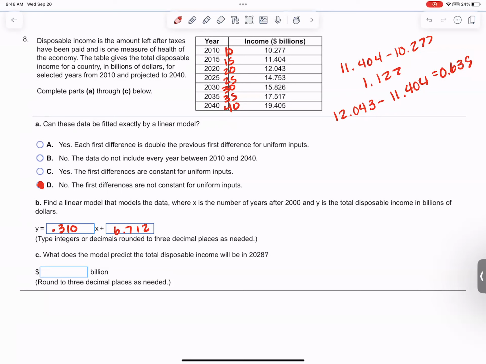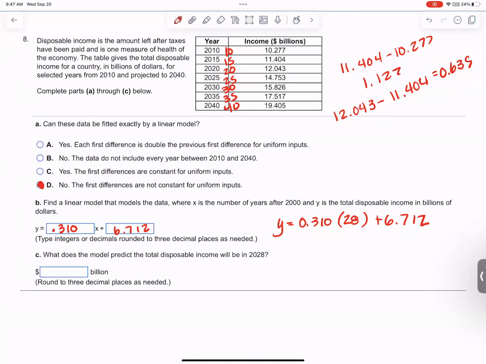I can certainly take this equation and plug in 28. That would be quite easy to do. Or I can let my calculator calculate that for me. To do that, I do need to graph that line, so I'm going to hit ZoomStat.